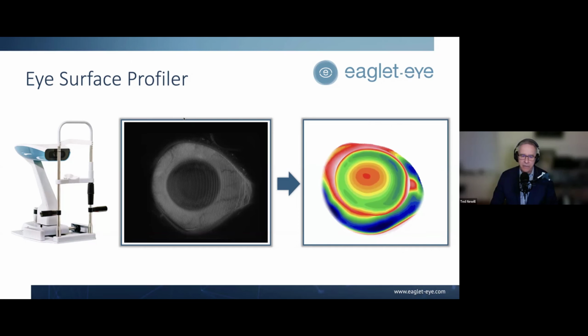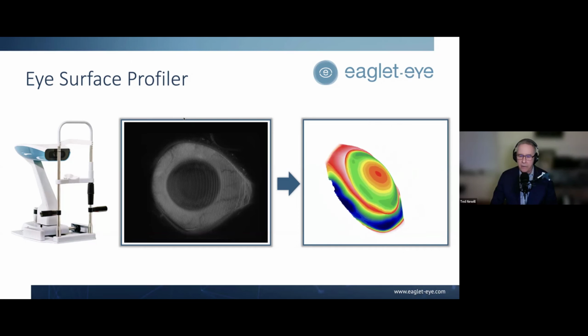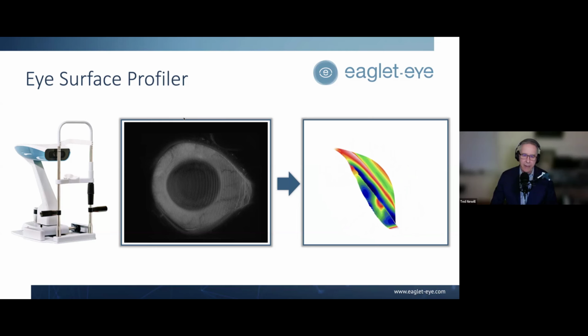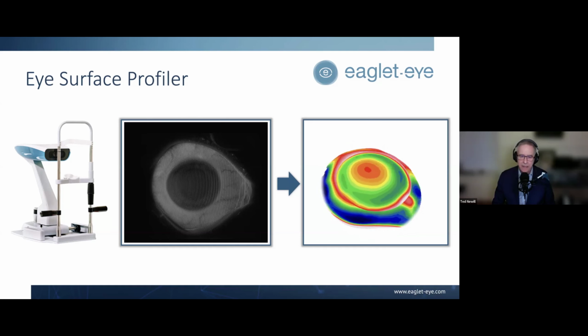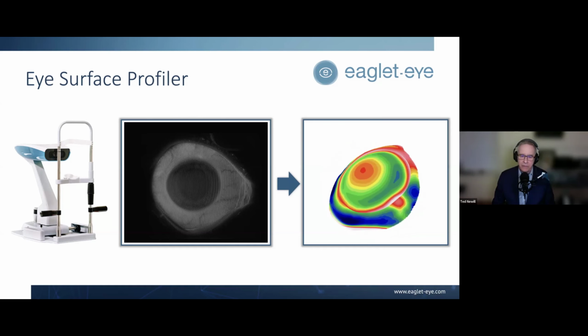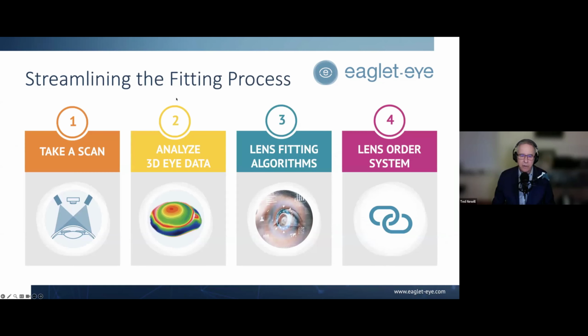For any of you that have seen the software, you know that we have numerous images and maps that you can use as you're trying to design a lens. So that's the way the technology works in very general terms.